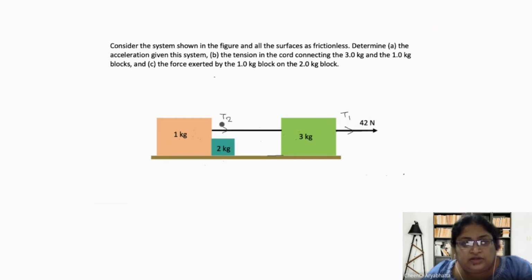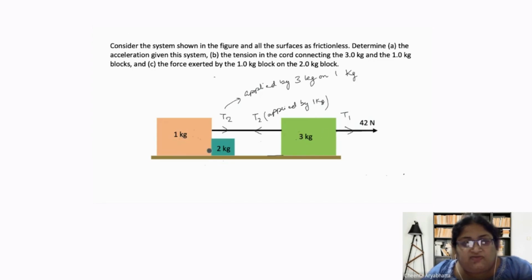This T2 is applied by 3 kg on 1 kg mass, and then 1 kg in turn will apply the same force on 3 kg, action reaction T2, applied by 1 kg. So these two strings will have different tensions because they are different.